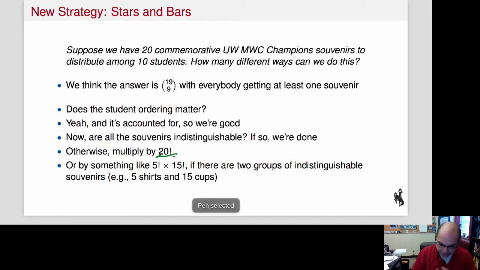But if there's only 2 groups of things that are independent, then I need to multiply by something like 5 factorial times 15 factorial, so that I get the right number. I might be able to reorder within the 5, but not between the 5 and the 15. So that's a new strategy. That's the stars and bars.